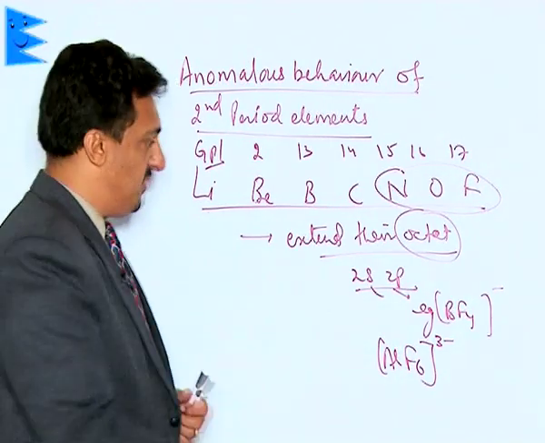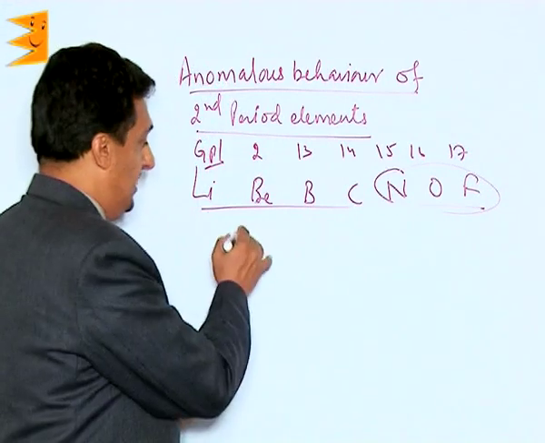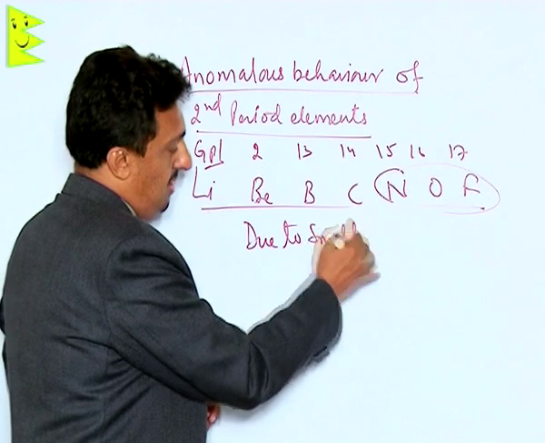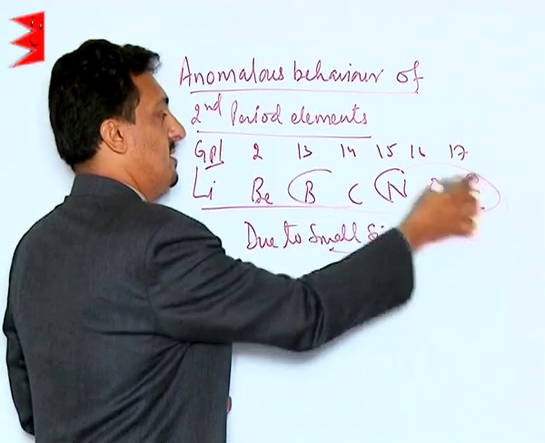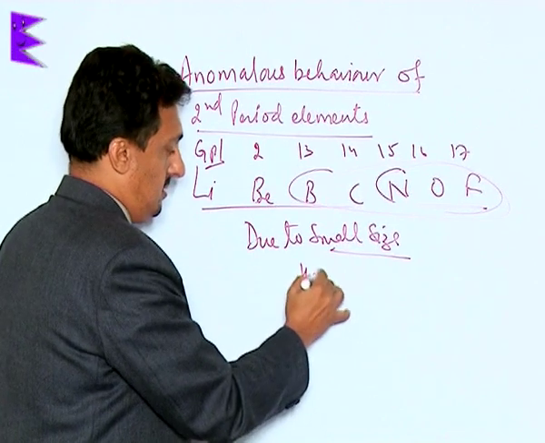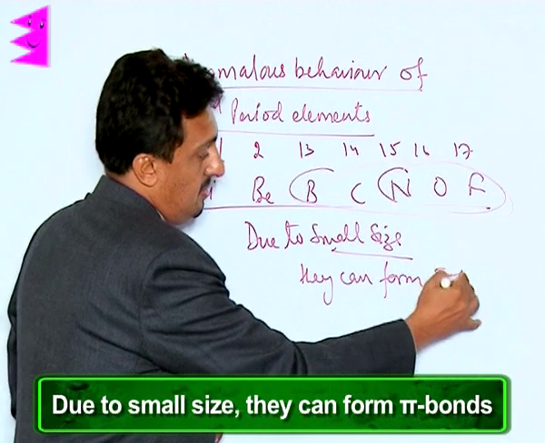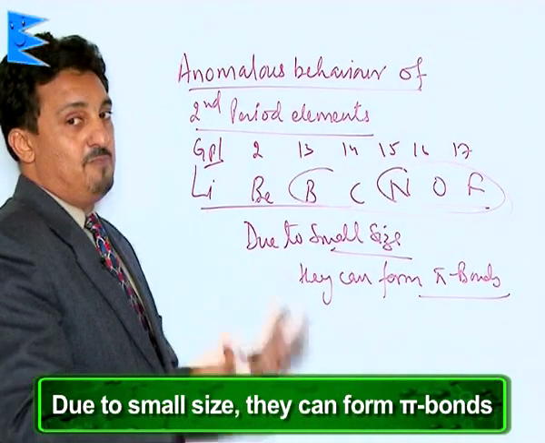Another difference which we find between these elements and the rest of the elements is that due to small size, specifically I'm talking about these 5 elements, they can form pi bonds. They have a tendency to form pi bonds.